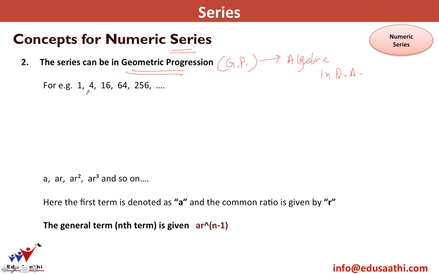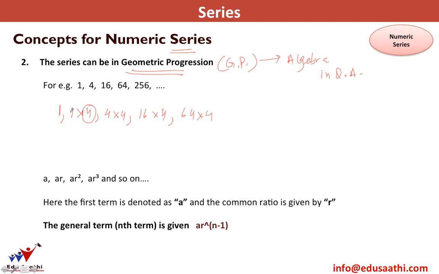So what is GP? I have 1, then I have 4. So 4 can be written as 1 into 4. Similarly 16 is 4 multiplied by 4. 64 is 16 multiplied by 4. And 256 is 64 multiplied by 4. So what I'm doing here is multiplying the previous term by 4.